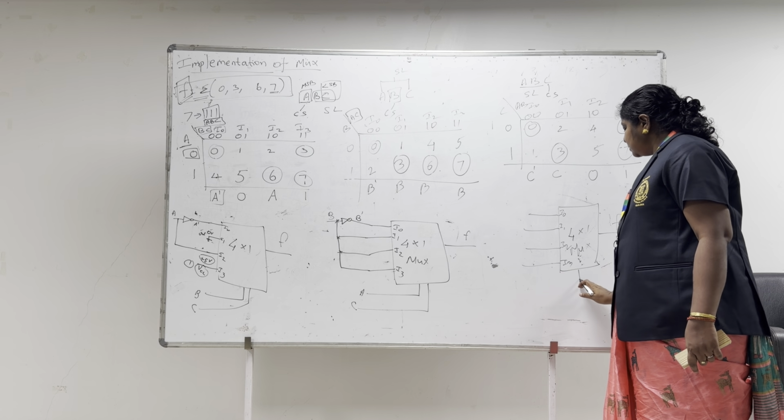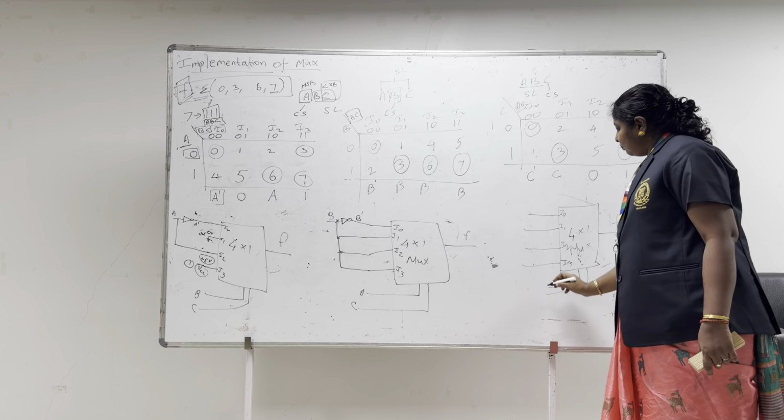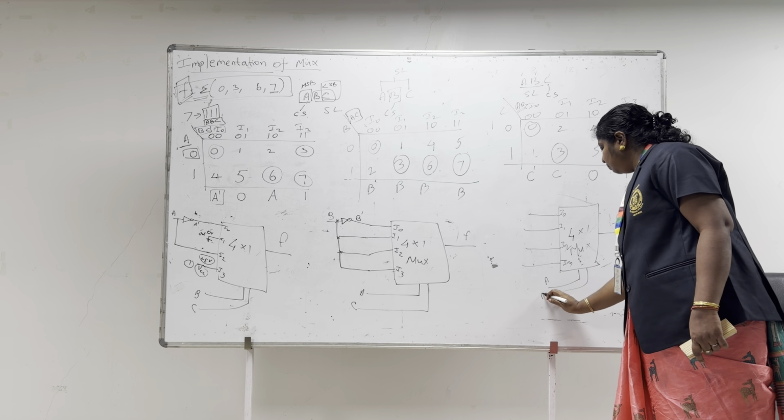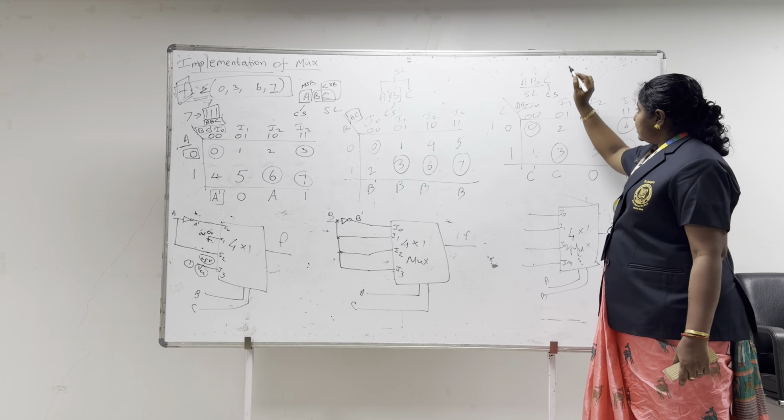Okay, so select lines A and B, A and B. So in this, A and B are the select lines and C is my control signal.